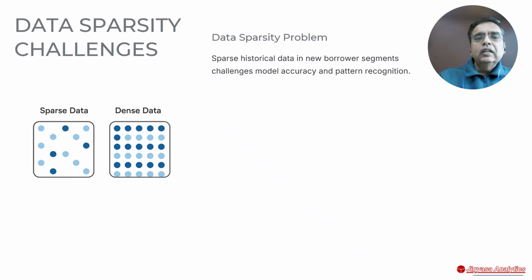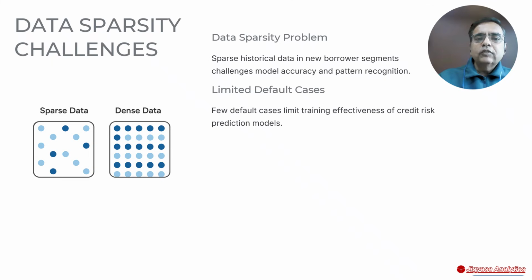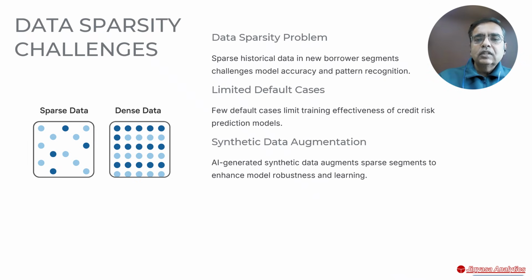And a related problem which we often see is that organizations are too conservative in the way they give loans. Because of that, they have limited defaults and so are not able to make models that can predict default.